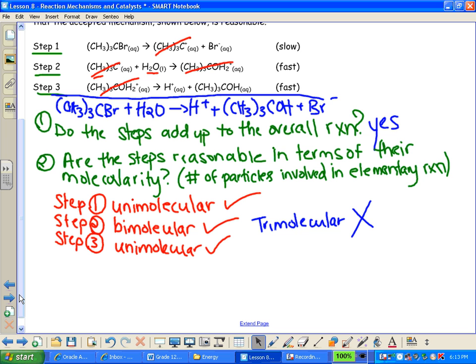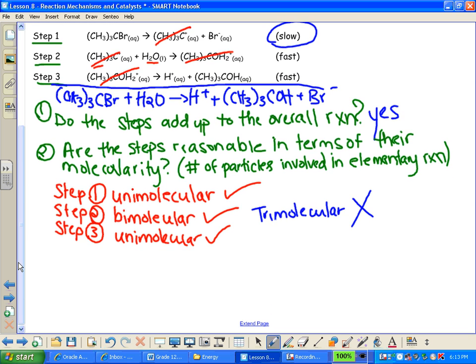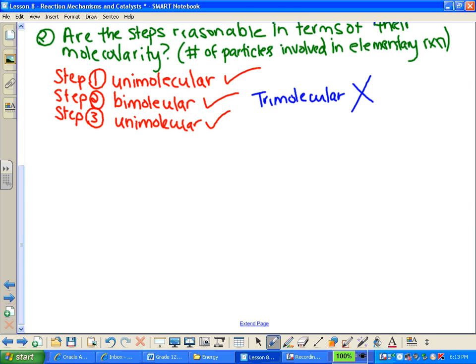Remember what we learned on the previous page: which step controls the overall rate of the reaction? We focus on the slowest step, which would be step number 1. So let me write that question out for you, so you can copy it down.